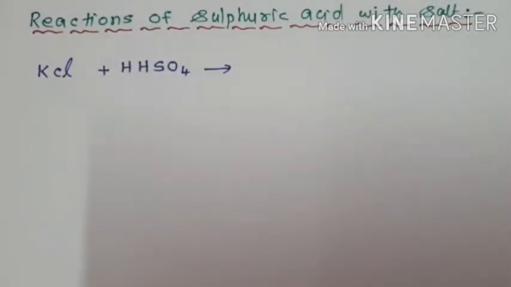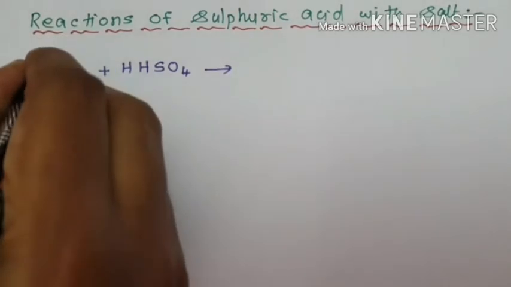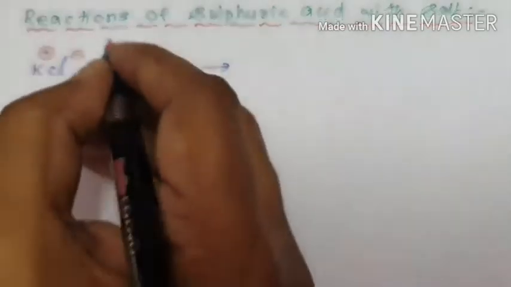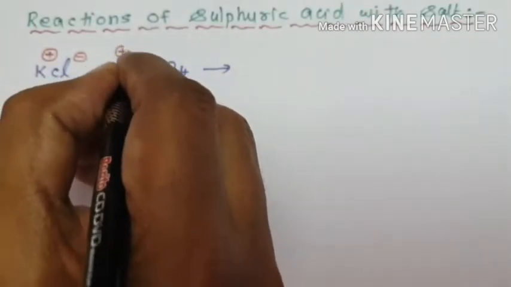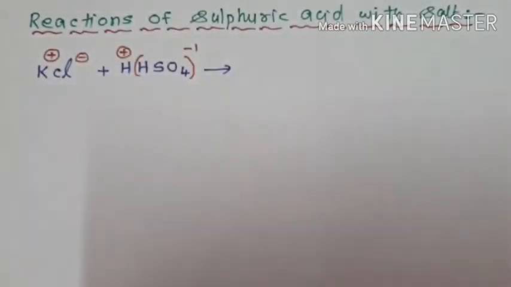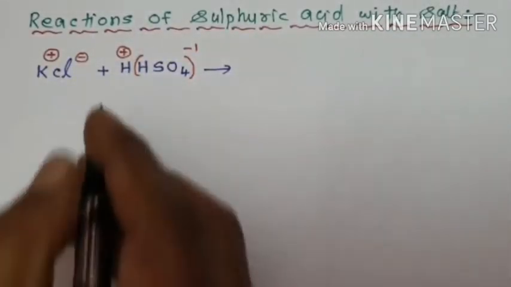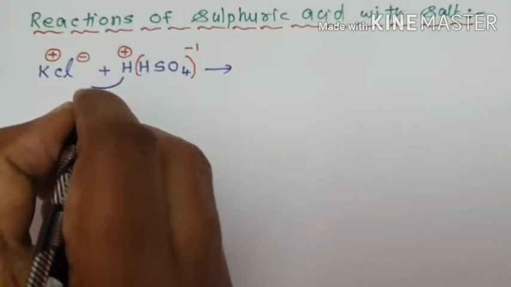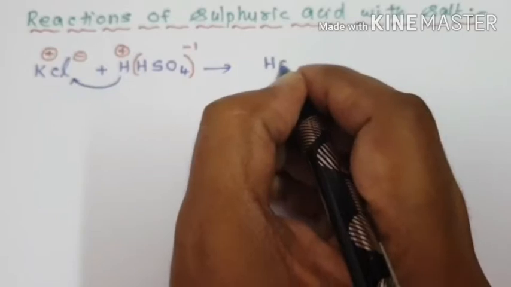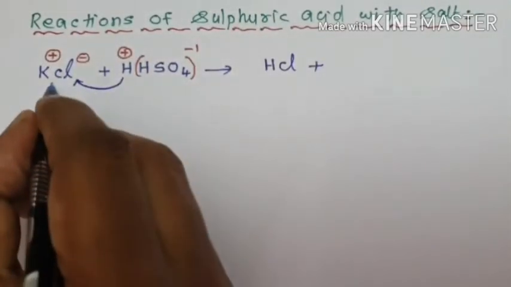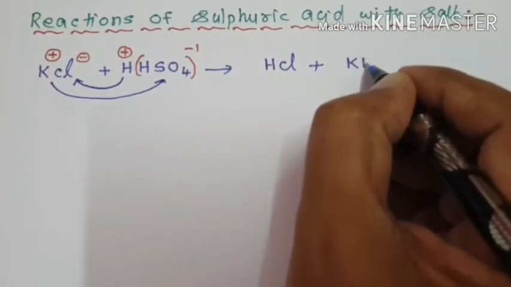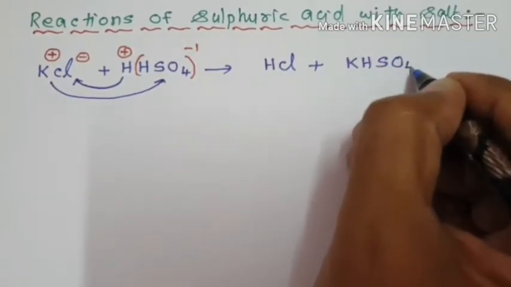Potassium chloride undergoes ionization and gives K plus and Cl minus ions. Sulfuric acid undergoes ionization and gives H plus and the bisulfate ion. So the plus ion combines with the minus ion and forms hydrochloric acid, and K plus combines with the bisulfate ion to form KHSO4.